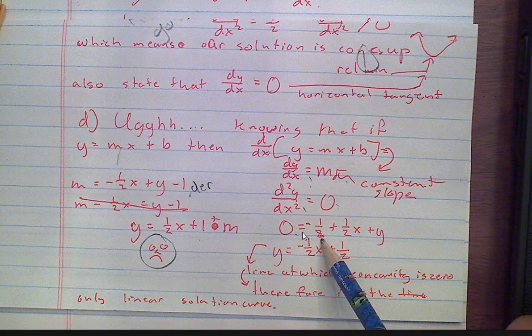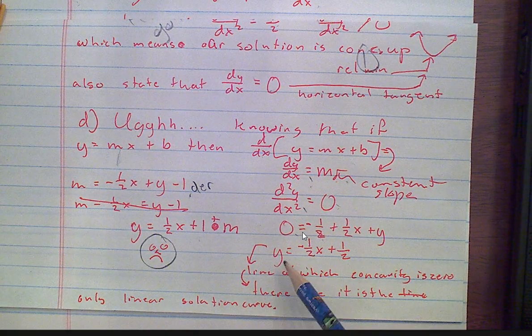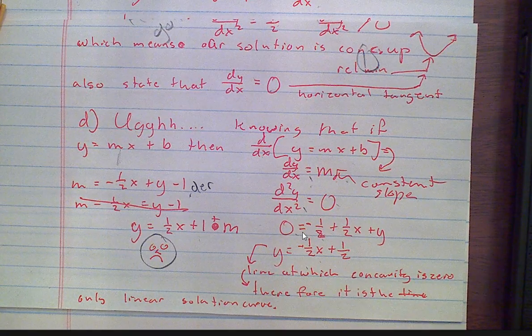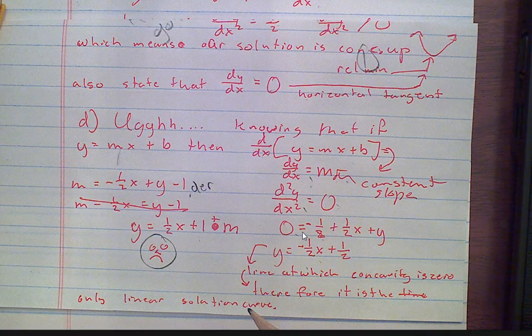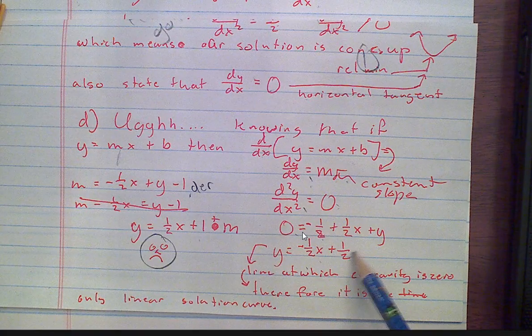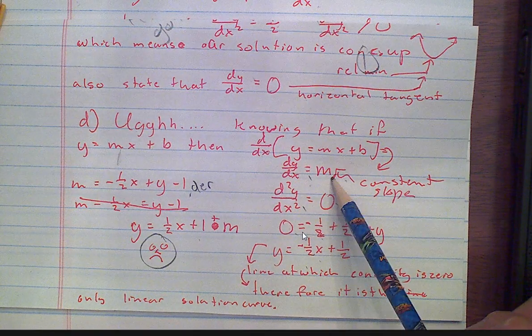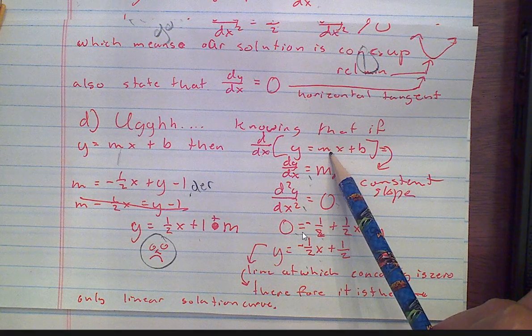I set this equal to 0 and I get this. Well, that is a y and that is an x, thus it can count as a solution curve. It really can. It's a solution curve for which all second derivative outputs are 0. Therefore, the first derivative is a constant, and the solution is a linear function.